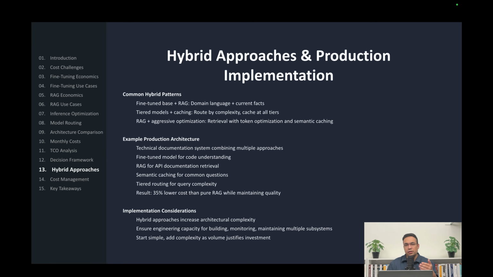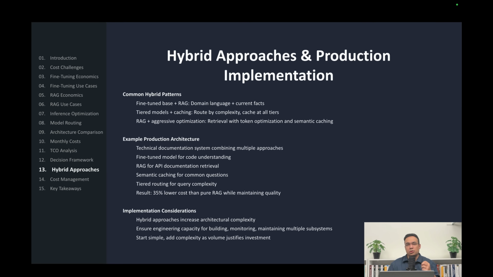And then use tier routing for query complexity. So simple questions like how do I import this library can go to small models, while complex debugging questions can go to large models. The result can be around 35% lower cost than a pure RAG approach while maintaining the same quality.